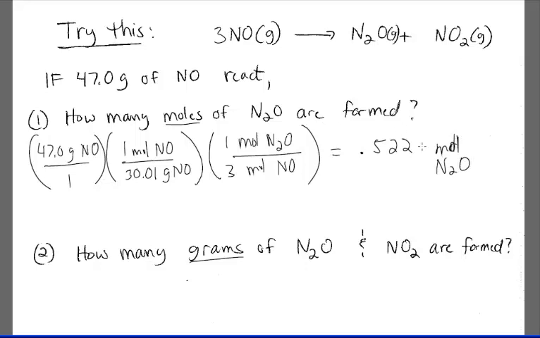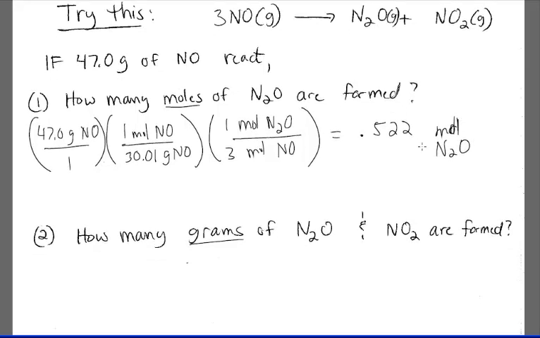All right, and now the second part, we want to know how many grams of N2O are formed, and further, we want to know how many grams of the other product are formed. Okay, so we already have moles of N2O, so we can start there. We don't have to redo everything we just did to get moles.